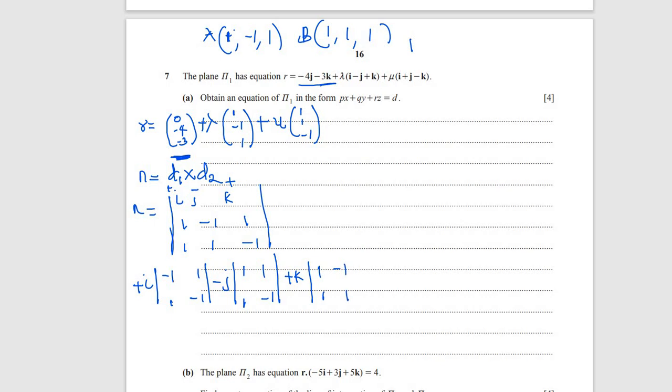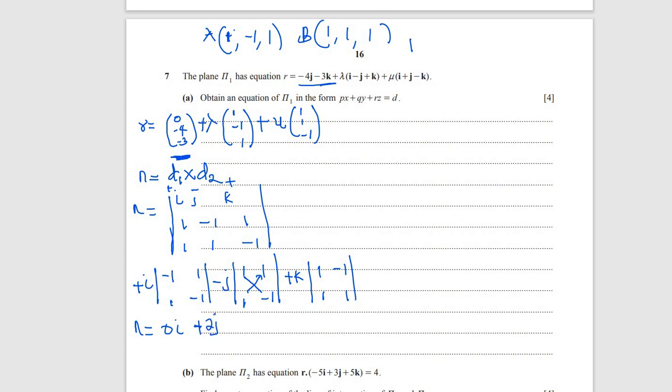minus 1, 1. At the end of the day, our normal will be minus 1 times 1 is minus 1, 1 minus 1 is 0. Here will be 0i. Minus 1 times 1 minus 1 times 1 gives minus 2, multiplied by minus j, so we are going to have plus 2j.